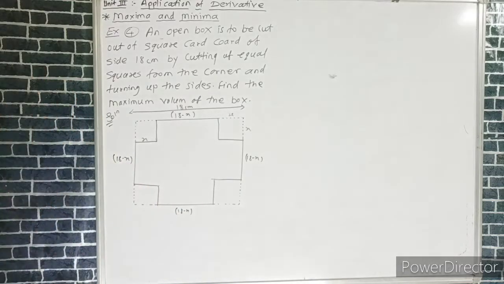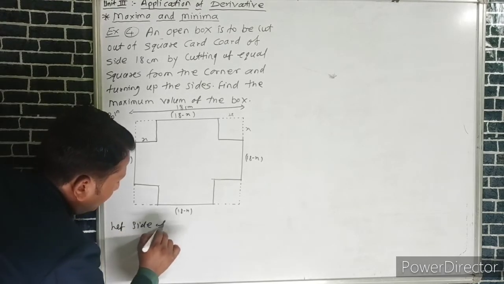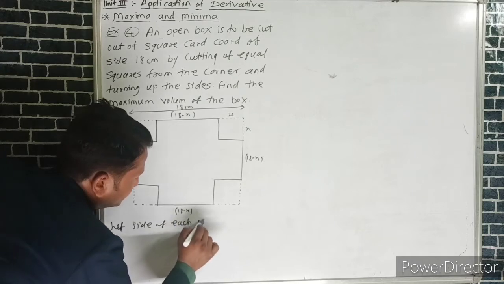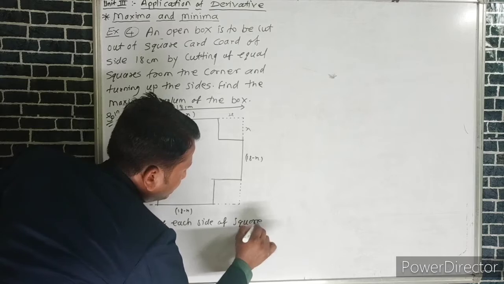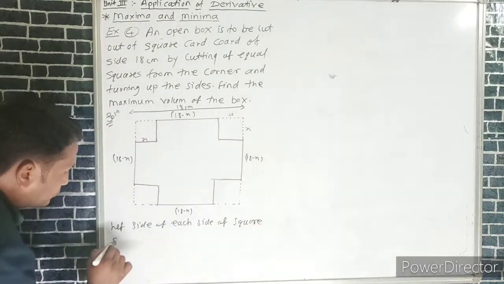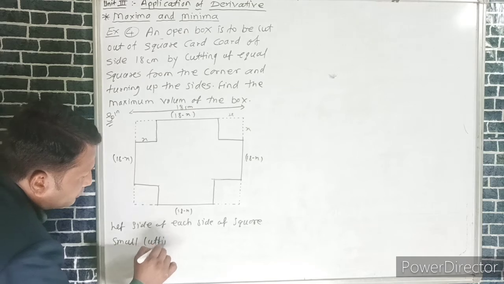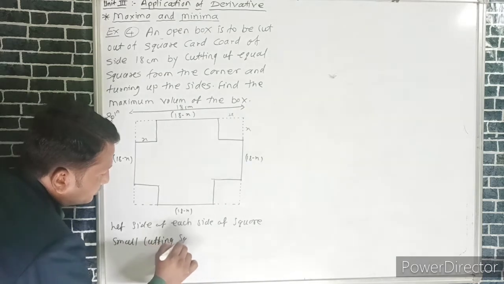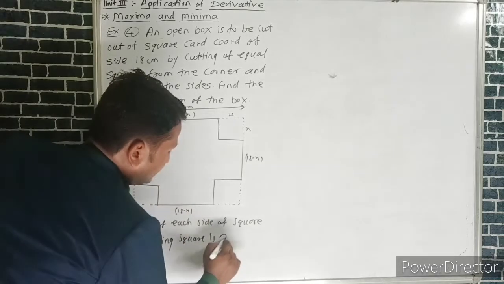So let the side of each small square that is cut be x centimeter.